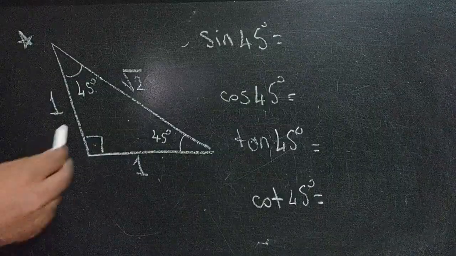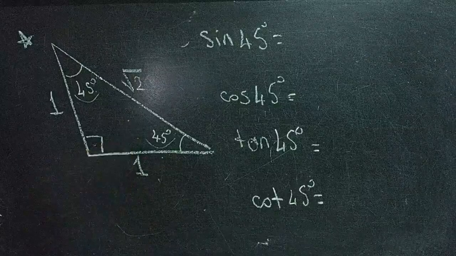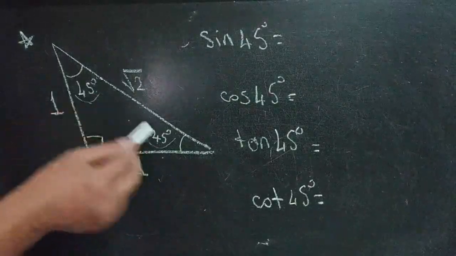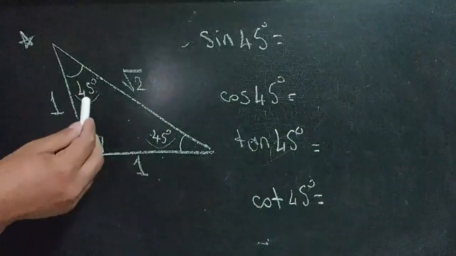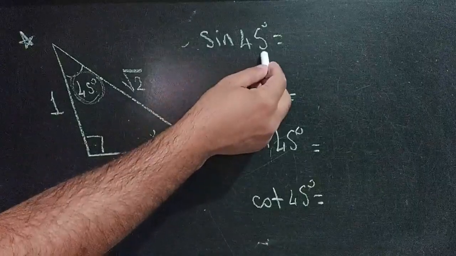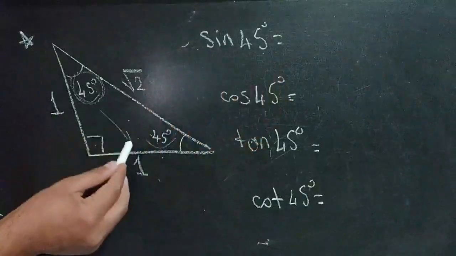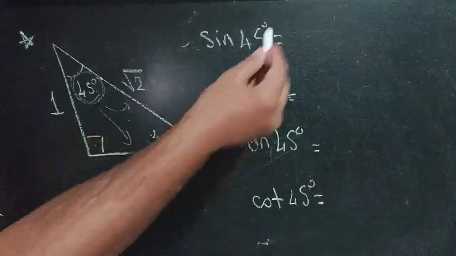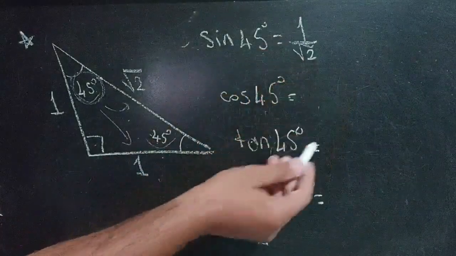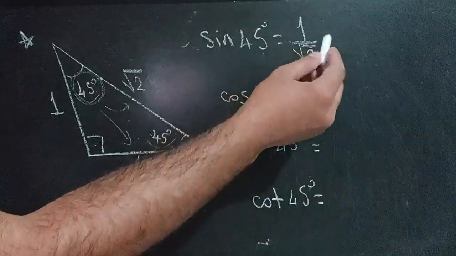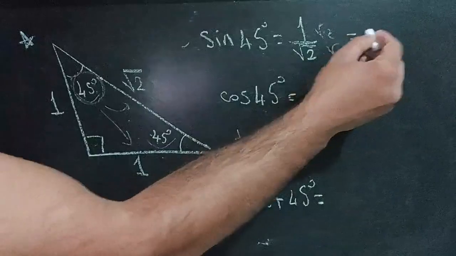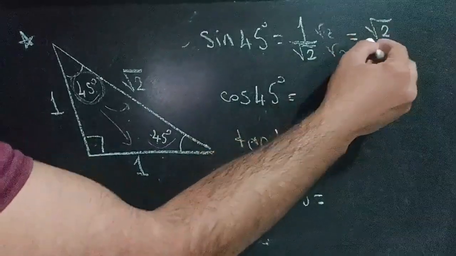Alright, now let's talk about 45. For 45 you can use this or this, it doesn't matter, because they are going to be the same. So let me use the top one. Sine 45 is going to be opposite over hypotenuse, which is going to be 1 over square root 2, and this is going to be multiplied by square root 2, which gives square root 2 over 2.